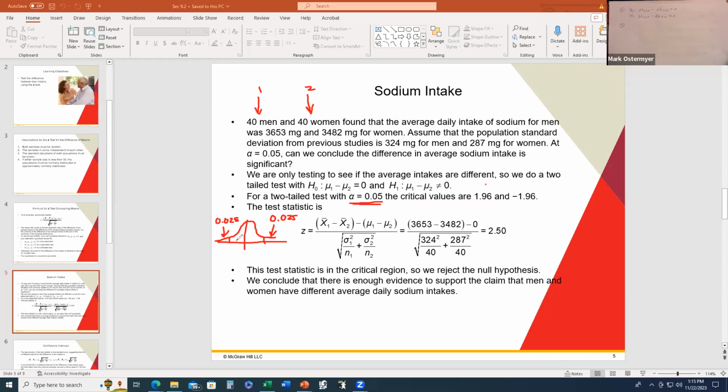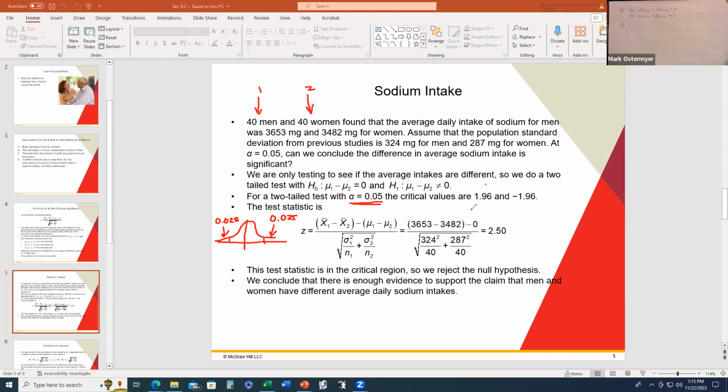And so that's going to leave 90% of the area of the entire normal distribution curve to be the do not reject region in the middle here. All right. Now, to compute the test statistic, we basically substitute our values in where they belong. The mean of the male sample of sodium intake was 3,653 milligrams, minus the average of the women sample was 3,482 milligrams, minus 0.